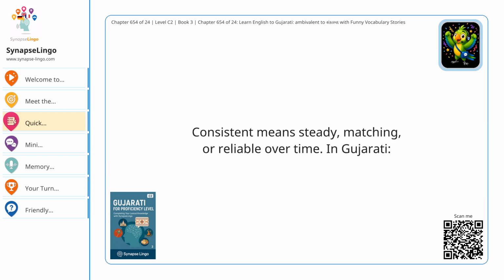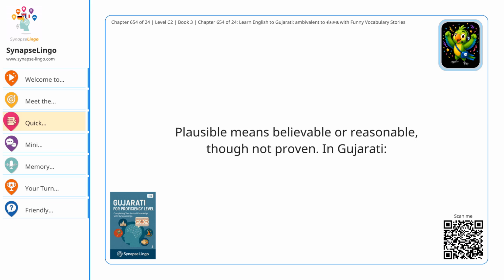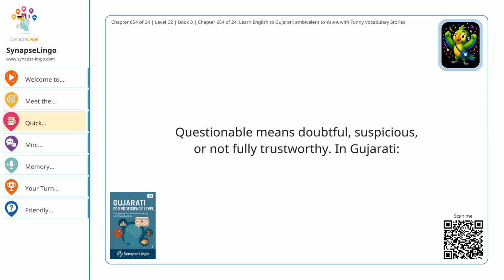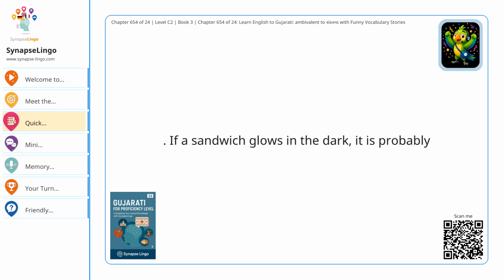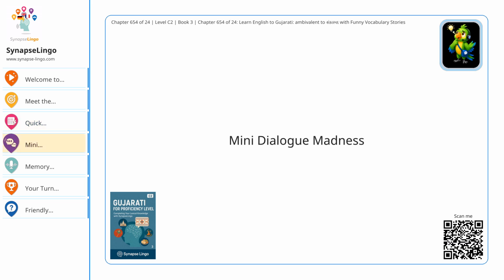Consistent means steady, matching, or reliable over time. In Gujarati, सुसंगत. Daily practice is most useful when it is सुसंगत. Plausible means believable or reasonable, though not proven. In Gujarati, संभवित लागतु. Questionable means doubtful, suspicious, or not fully trustworthy. In Gujarati, शंकास्पद. If a sandwich glows in the dark, it is probably शंकास्पद.